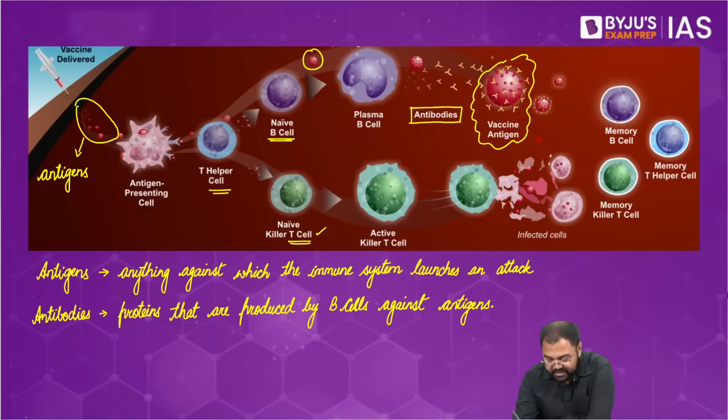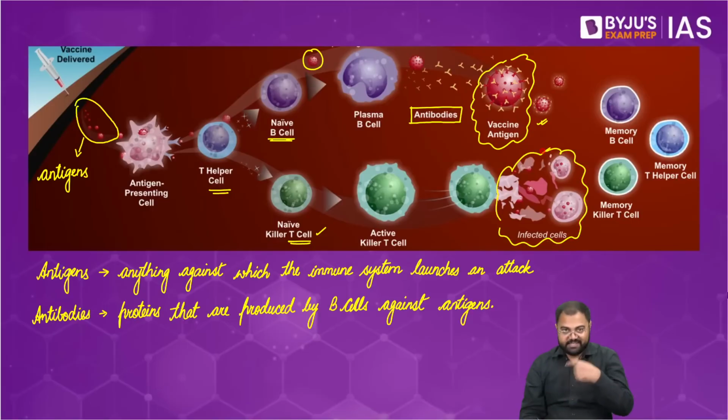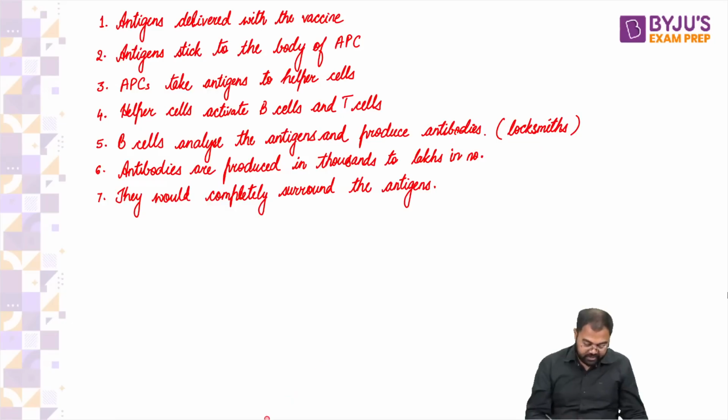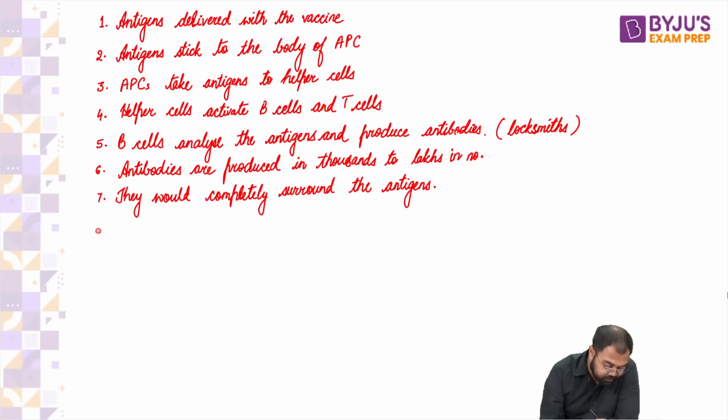They will see these antigens surrounded by antibodies, and they'll go and destroy all these infected cells, all these cells that have been marked by the antibodies. So that's why the killer T cells will come next in the picture.